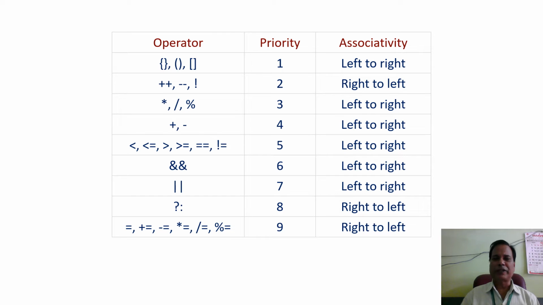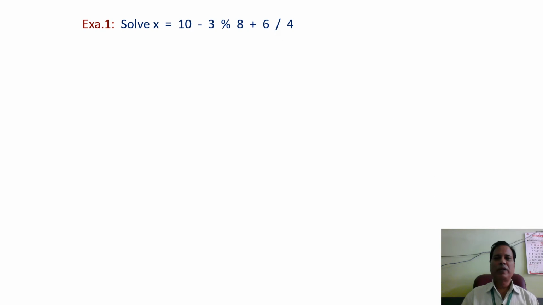When these operators appear in an expression, we have to evaluate the expression according to their precedence. Also, if operators of the same precedence appear, we have to evaluate the expression from left to right. Now let us see an example.